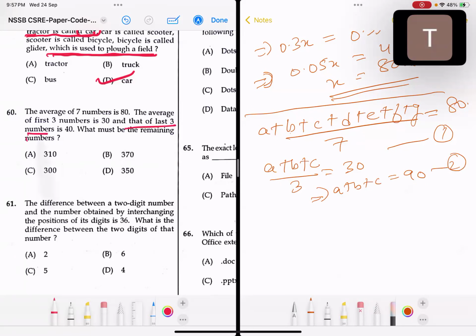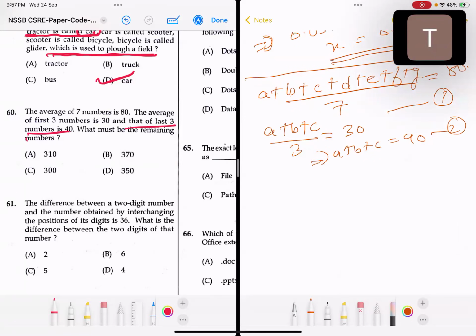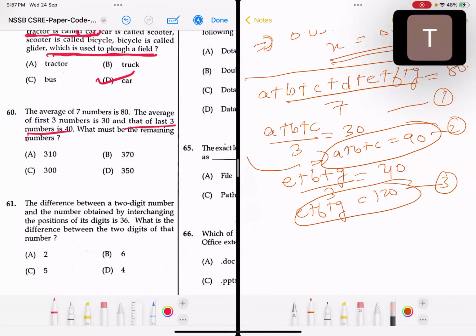It says that the last 3 numbers' average is 40, which means E plus F plus G divided by 3 is equal to 40, which means E plus F plus G is equal to 120, okay? Now we will substitute, okay? This one and this one will be substituted here, which means 90 plus D plus 120 is equal to 80, right?